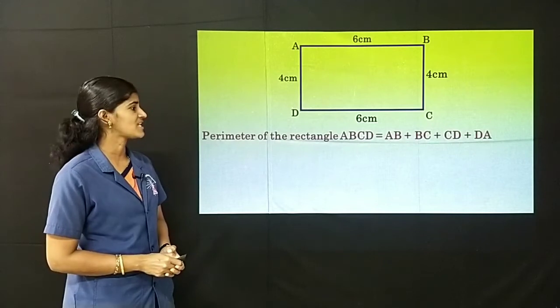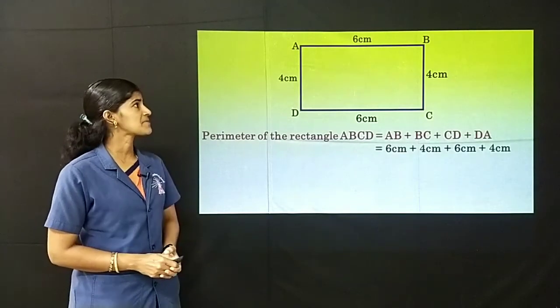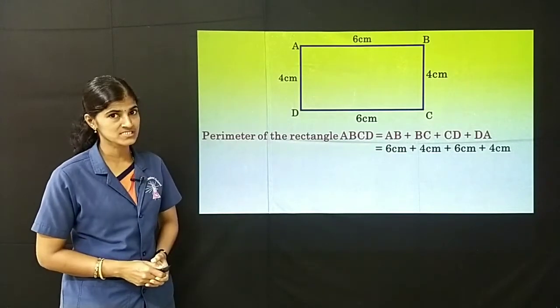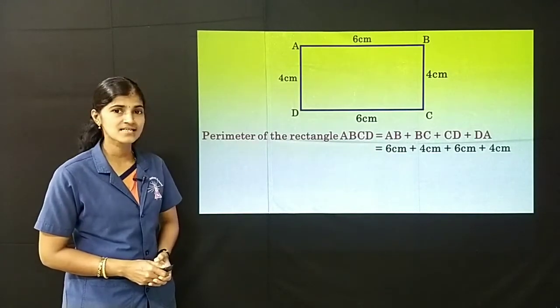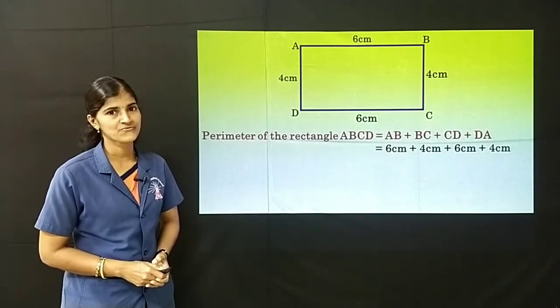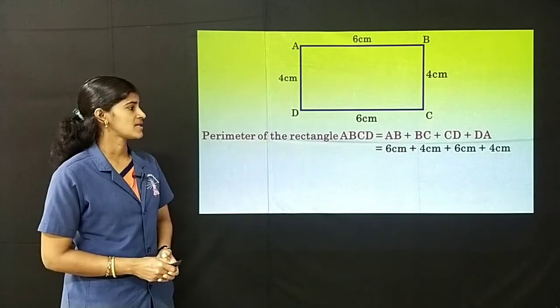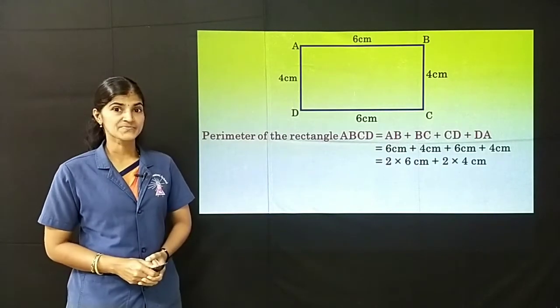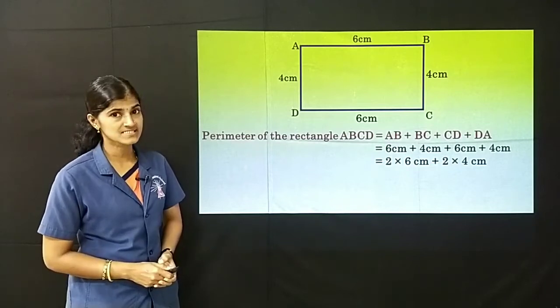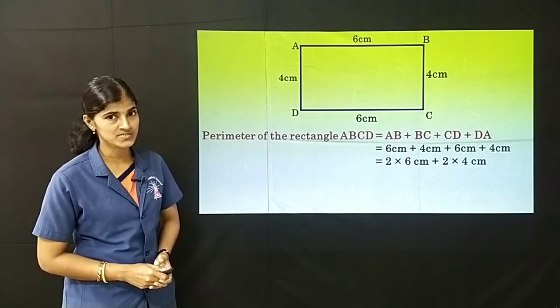Now, let us put the value. Yes, AB is 6 centimeter plus BC is 4 centimeter plus CD is 6 centimeter plus DA is 4 centimeter. Now, you can observe here in the second step, there are 2 6 centimeter and 2 4 centimeters.